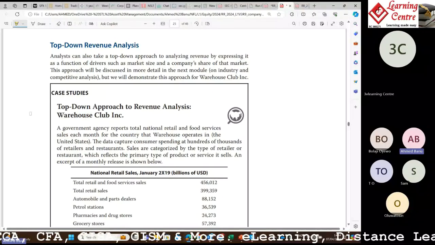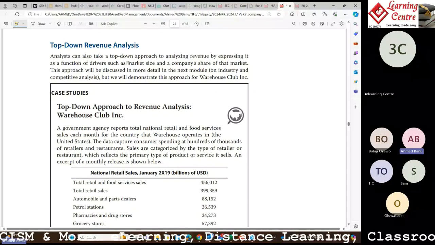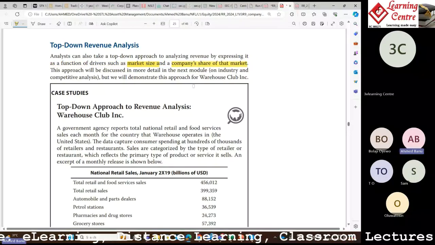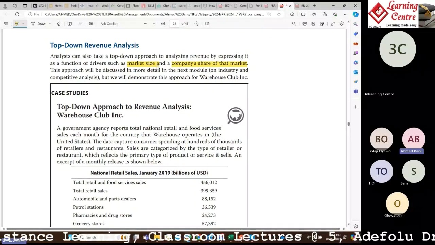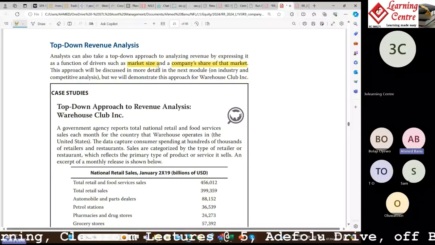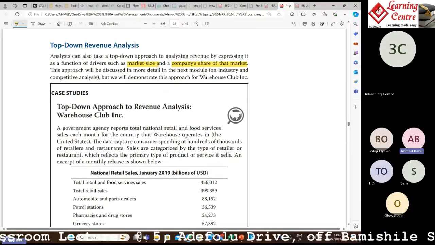So analysts can also take a top-down approach in analyzing revenue by expressing it as a function of drivers such as the market size and the company's market share. So how has market size grown over the years? What is the company's percentage of that market size?